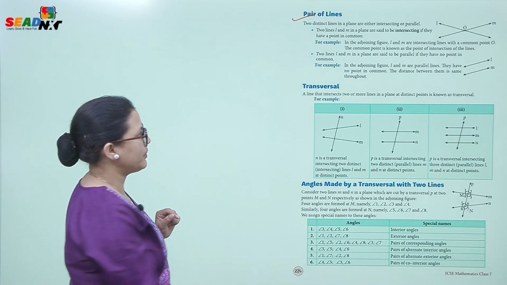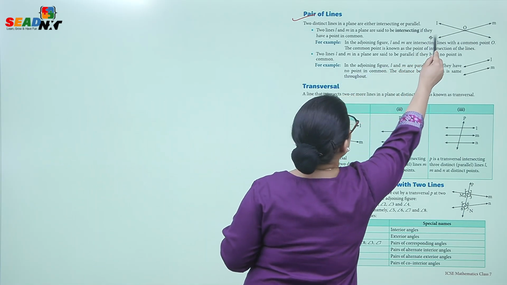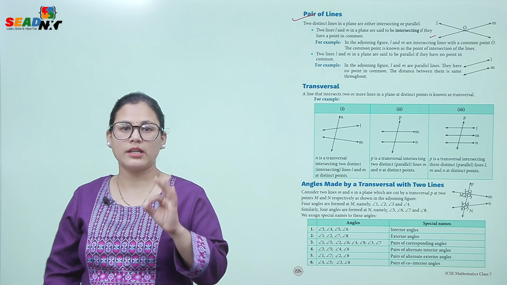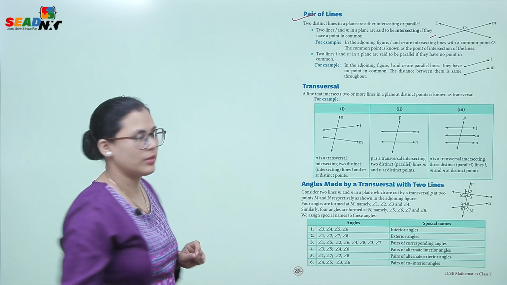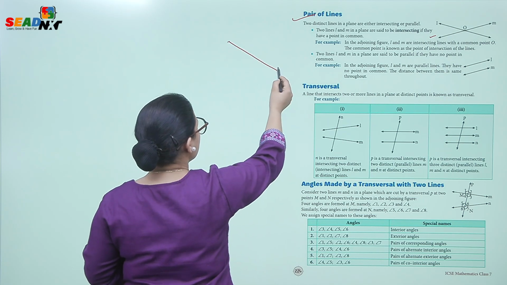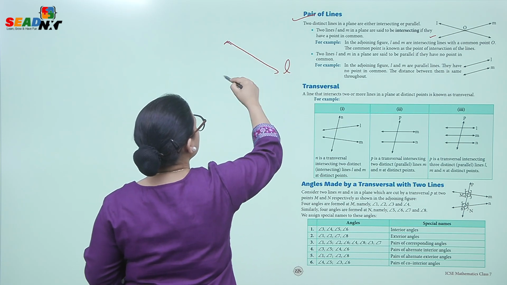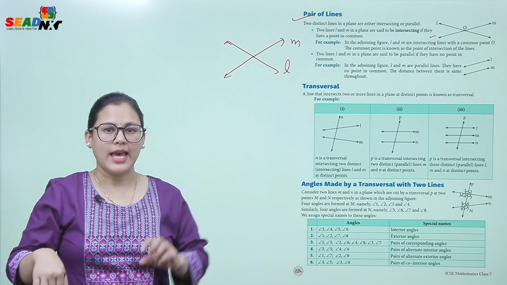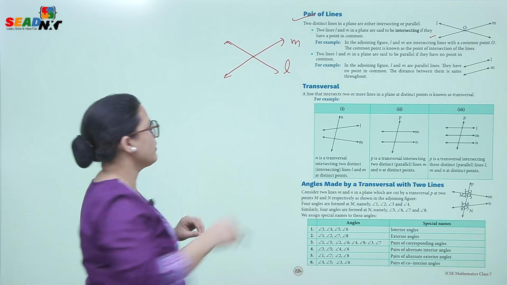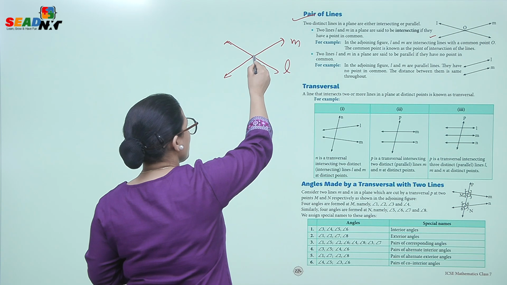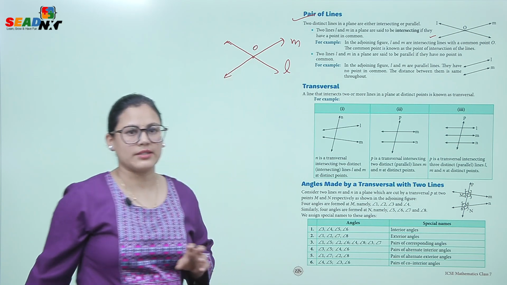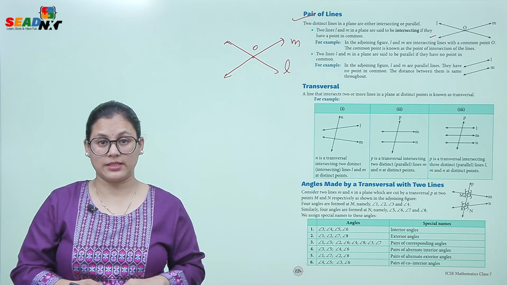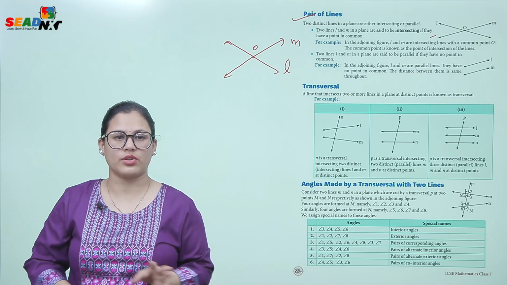For example, if you observe this figure, L and M are intersecting lines with a common point O. This is line L, this is line M. These have a common point which is O, where these two lines are intersecting. The common point is known as the point of intersection of the lines. This point O is a point of intersection.